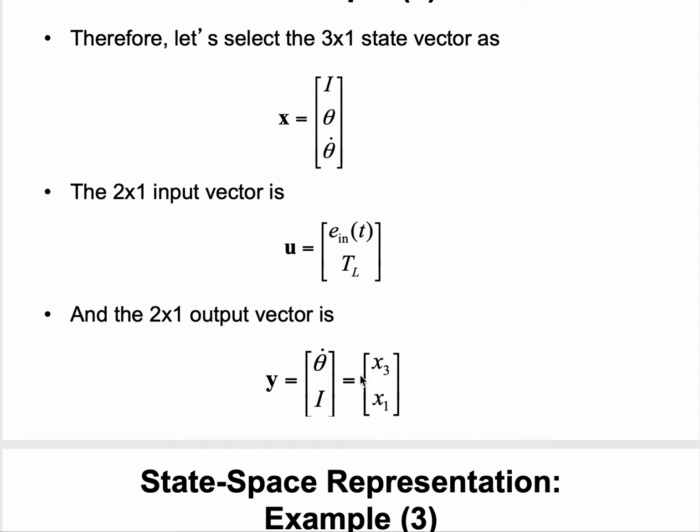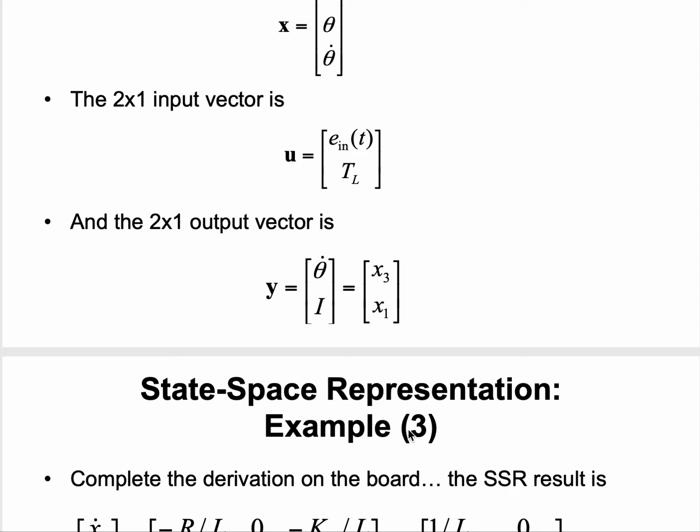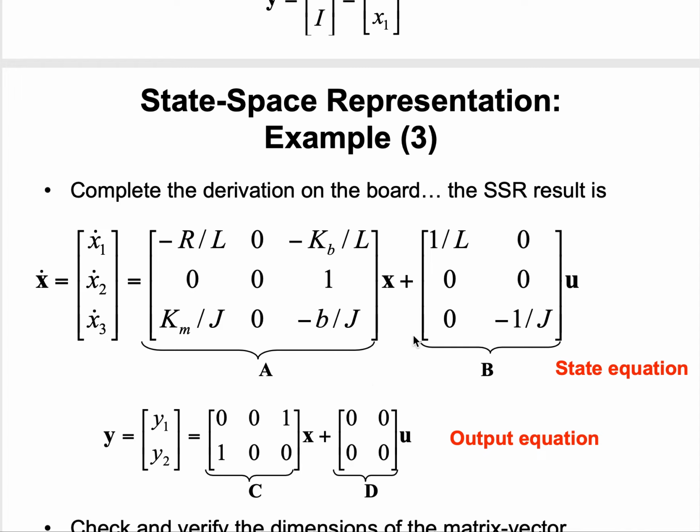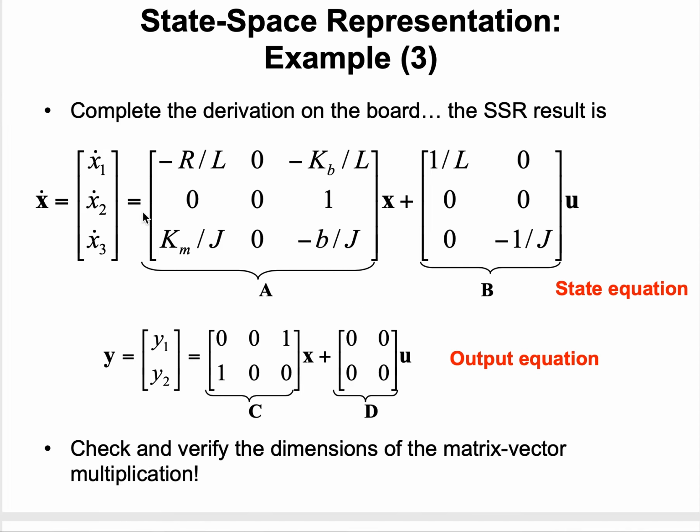And furthermore, I can write this in the form y is equal to C times x, because that's the third state, that's the first state. So I can easily see that my C matrix will be equal to [0, 0, 1; 1, 0, 0]. Okay, we will see that later on. We derived this on the board. We have done this, remember, in the class.